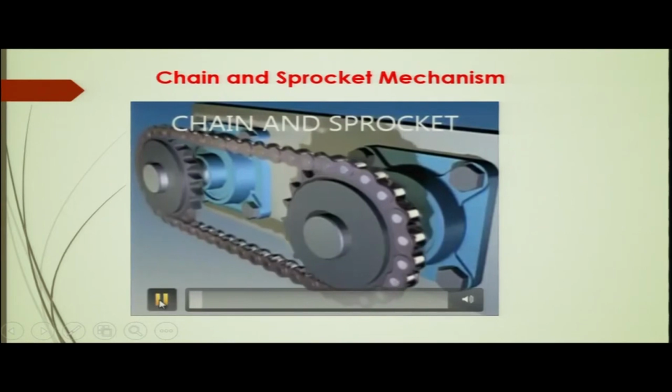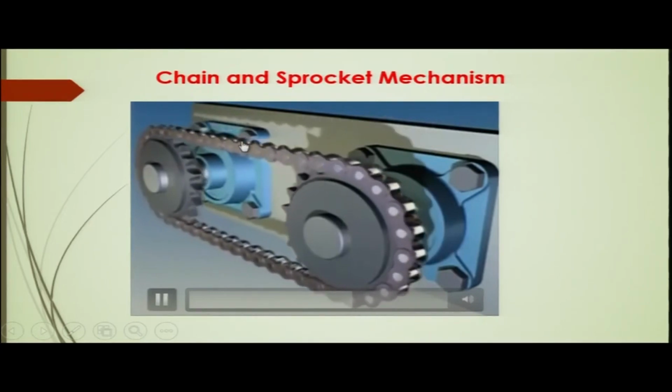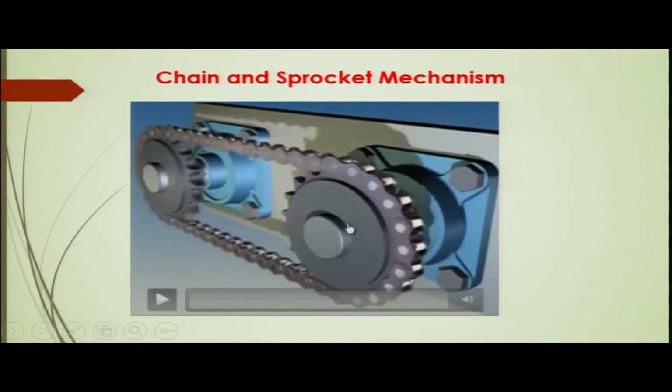Now, if we drive it, you can see that this is the input shaft, and when it is driving, the direction of rotation of the input sprocket and the output sprocket is the same, because it is like the straight belt that we showed in the belt drive transmission.